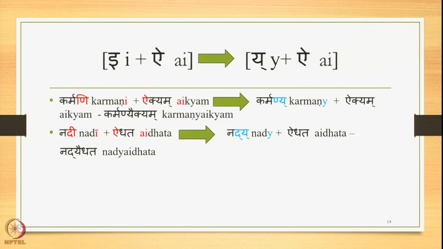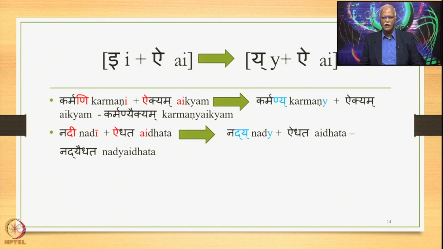The next example is E followed by I in the Samhita mode. 6177 applies and generates the output in the form of Ya followed by I. So the example is Karmani plus Aikyam, where E is followed by I, and the output is Karmanya Aikyam, Karmanyaikyam, unity in action.